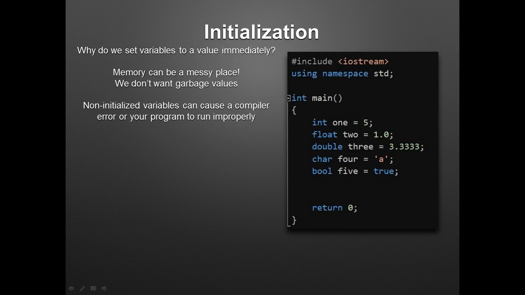Now the problem is that if the initialization process did not happen, for instance, the maid did not come in and prepare that room, whatever was left over from the last person that was in there will affect that room. So this can lead to some really weird behavior in our program.